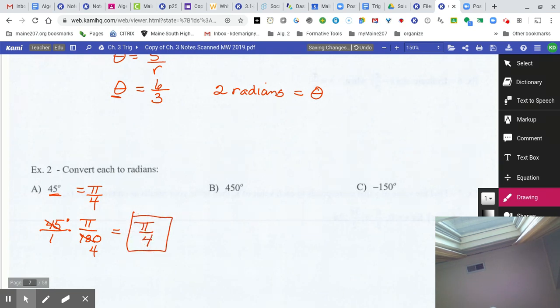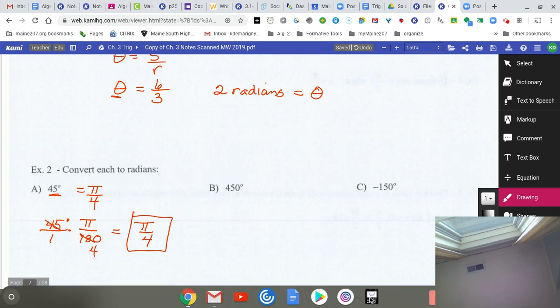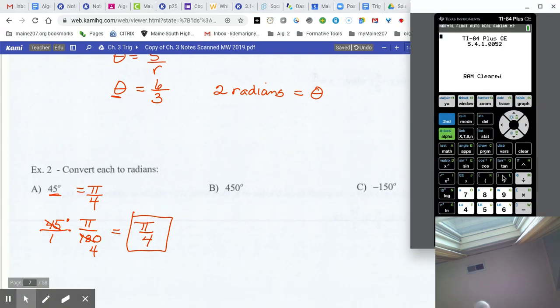If I do 450 degrees, I need to know I've been all the way around the circle once. Let me pull this calculator up again if you wanted to use it. 450 degrees minus 360 degrees is 1 time all the way around, and then a half of another pi.